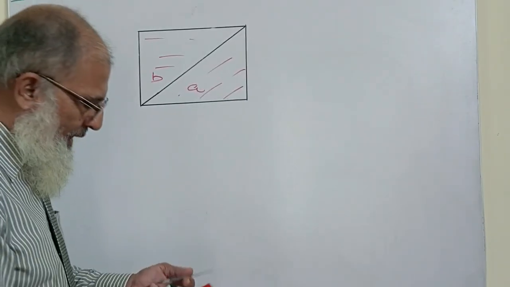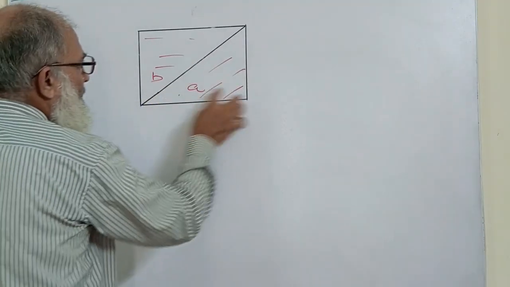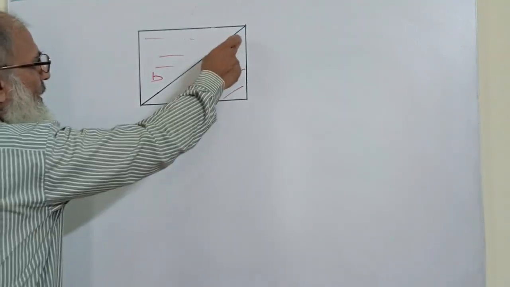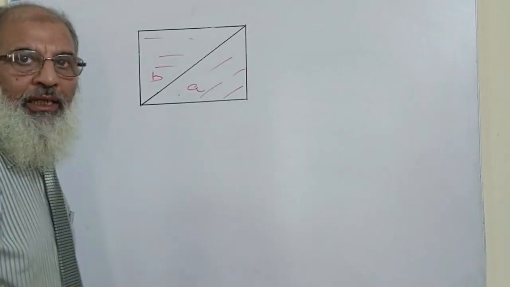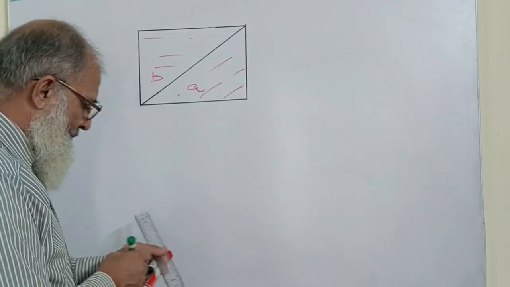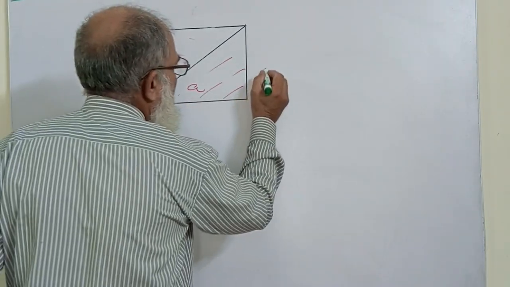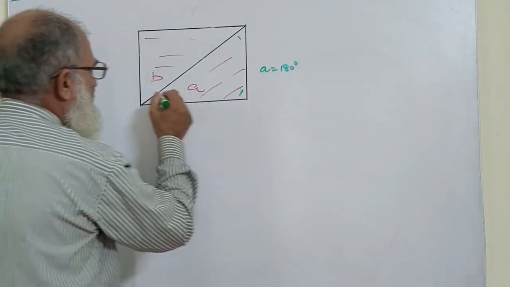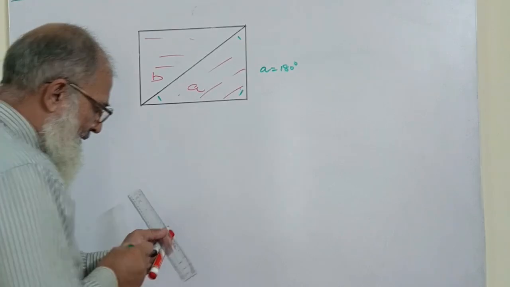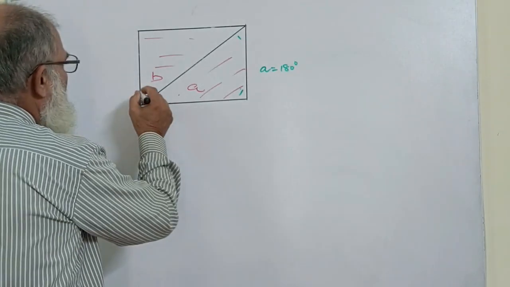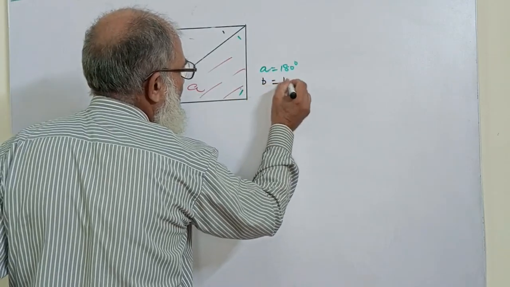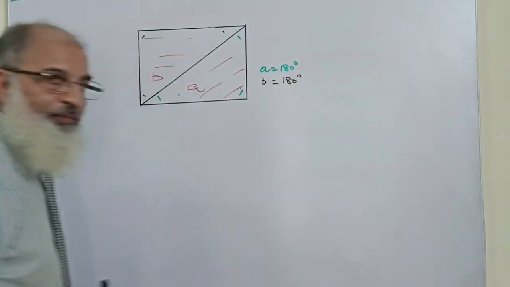As we have stated, in a triangle there are how many angles? The sum of the interior angles of a triangle is 180 degrees. Now A is equal to 180 degrees, the interior angles, this one and this one. And again B contains 180 degrees.